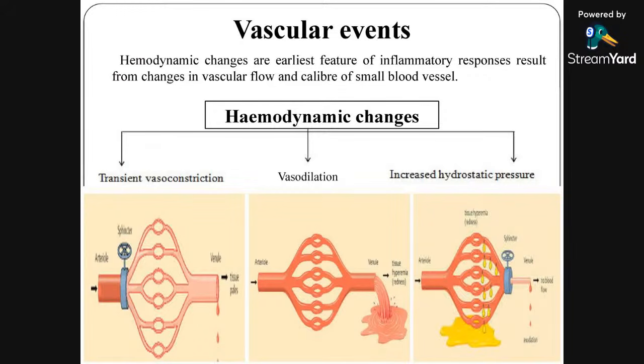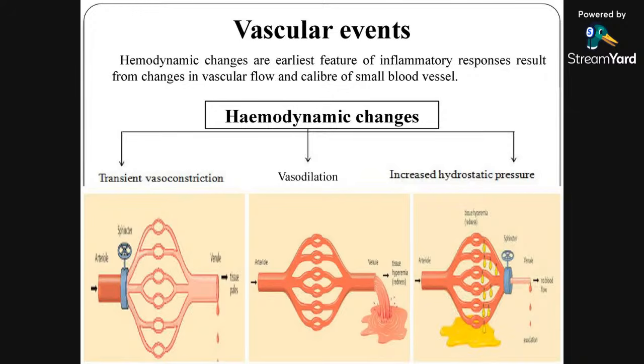After injury, there will be an immediate vascular response, including transient vasoconstriction of arterioles. In mild injury, blood flow is re-established within 2 to 3 seconds, but in severe injury, it lasts for 5 minutes.